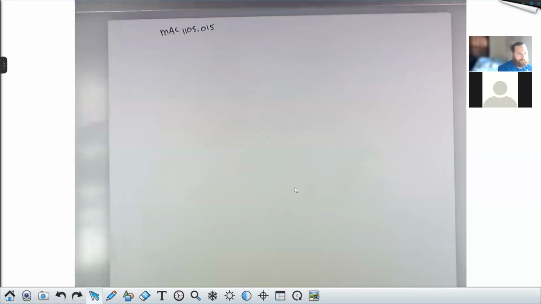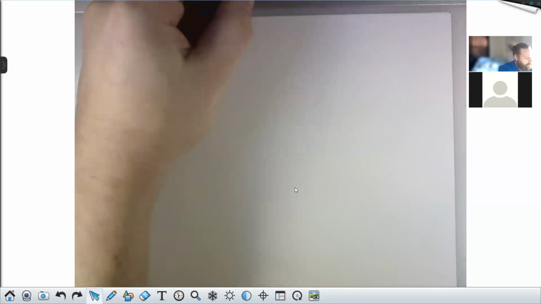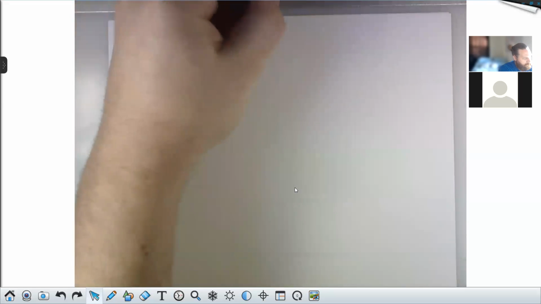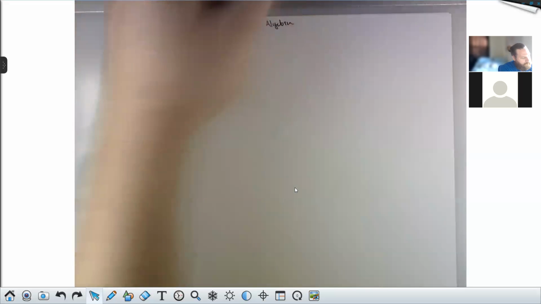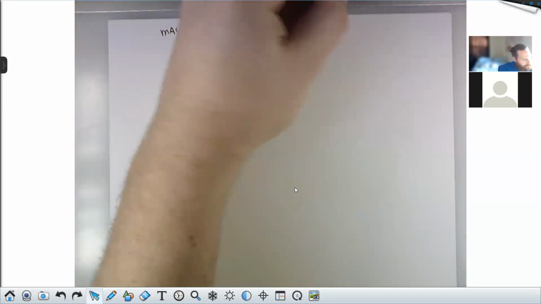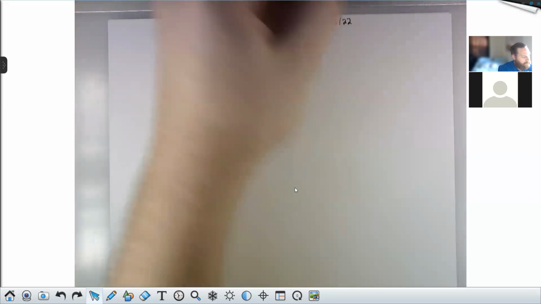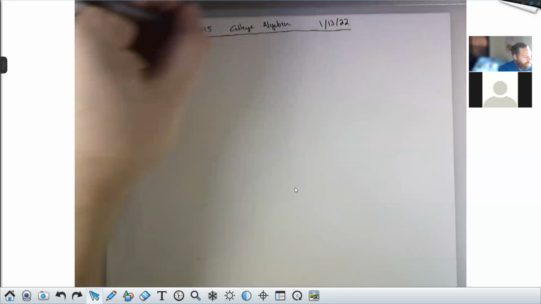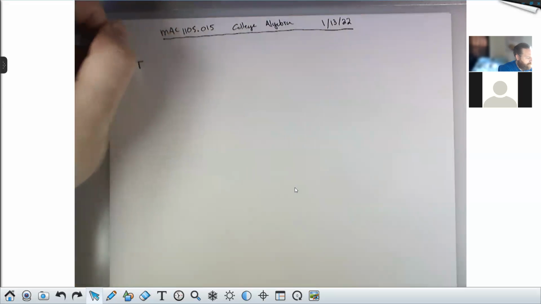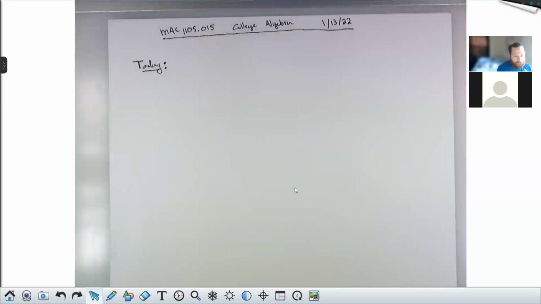So this is MAC 1105, section 015, which is college algebra. And the date today is the 13th. Today, we're going to pick up some of the conversation that we left off with on Tuesday. Average rates of change, mins and maxes.